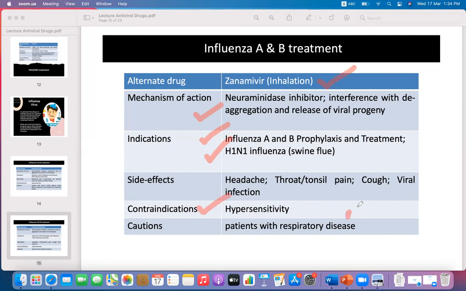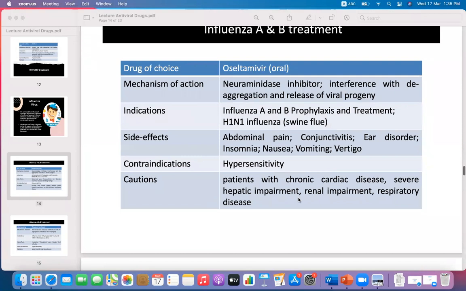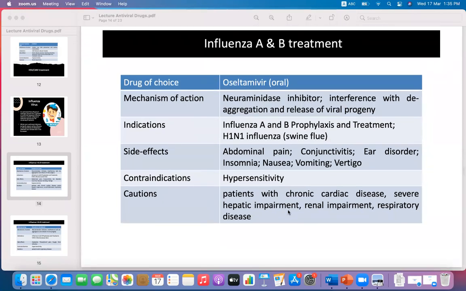respiratory disease. So here, if we compare the cautions of zanamivir and oseltamivir, zanamivir has low cautions, only with the patient with respiratory disease, so we can prescribe this zanamivir for the patient with chronic cardiac disease, severe hepatic impairment, renal impairment.